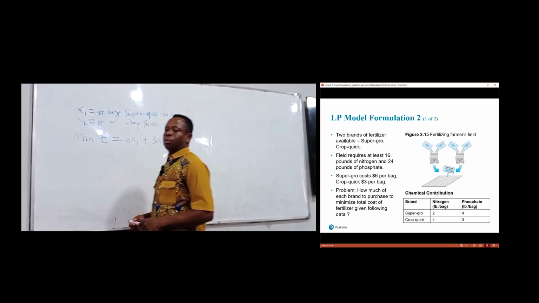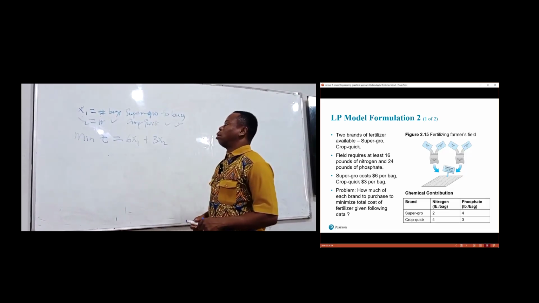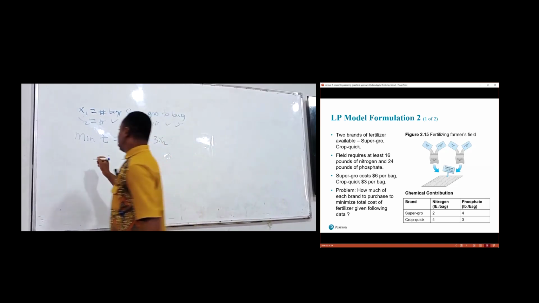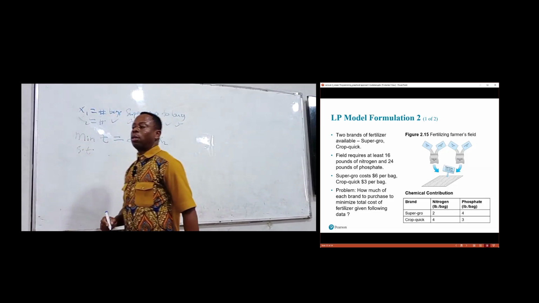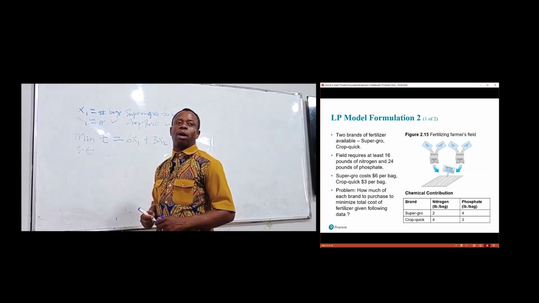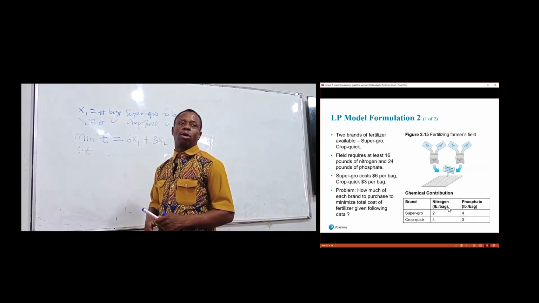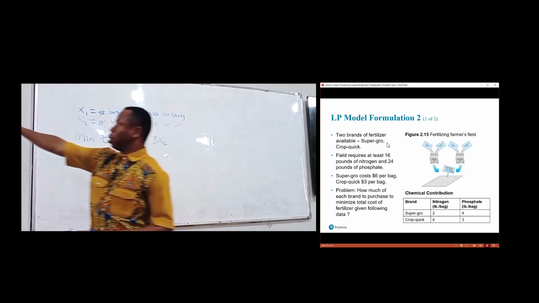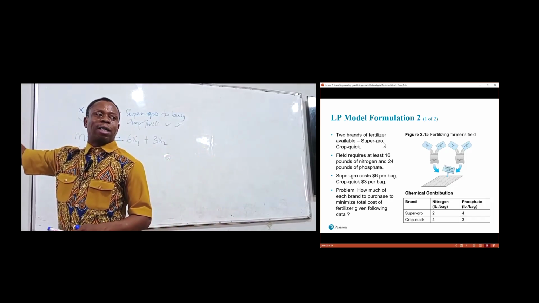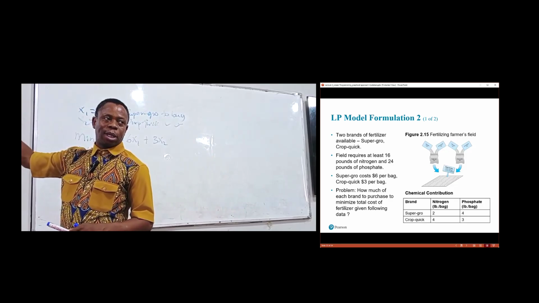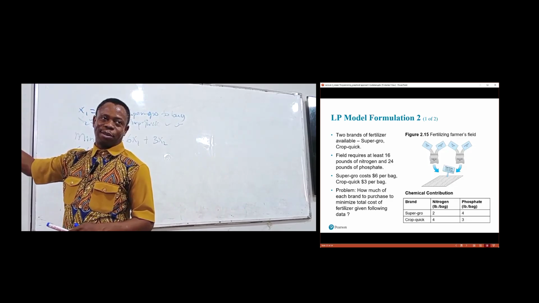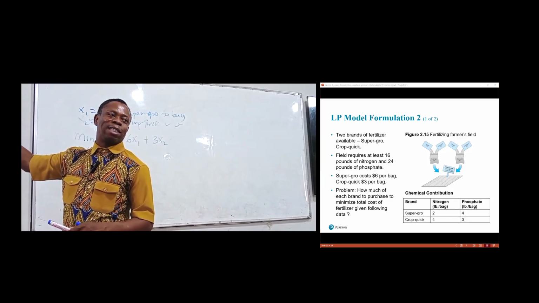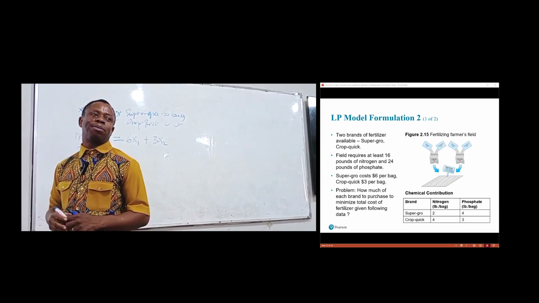Now, this cost is minimized subject to the nitrogen constraint and what? Phosphate constraints. Because the field requires at least. That word at least is not there for nothing. It means something. There's a mathematical meaning to it.